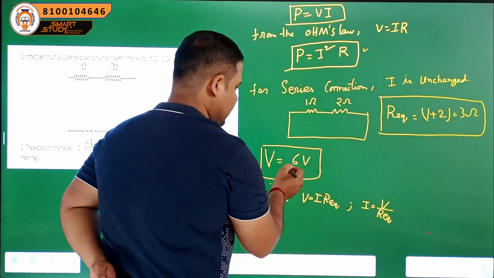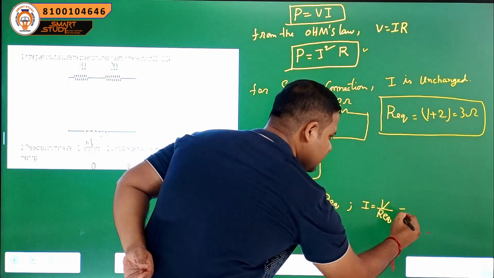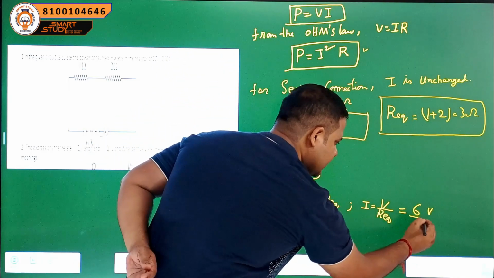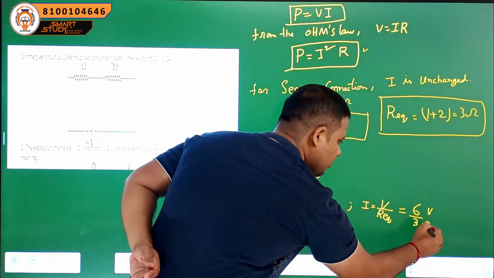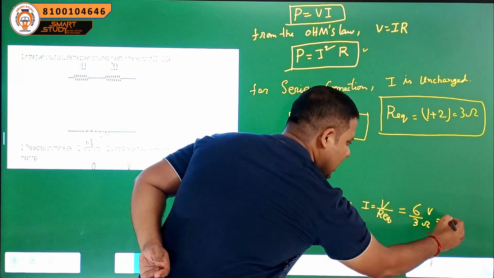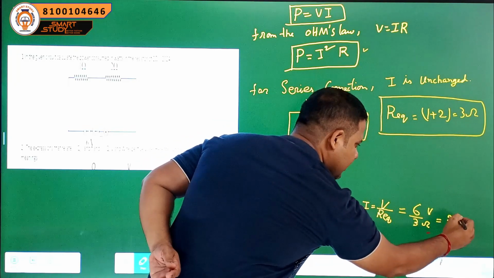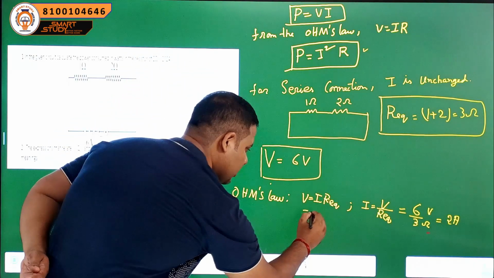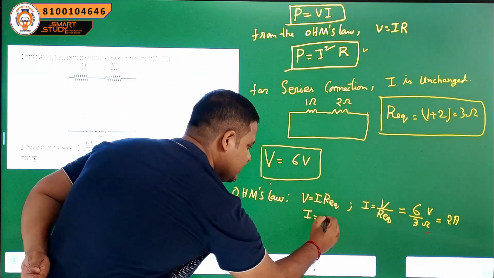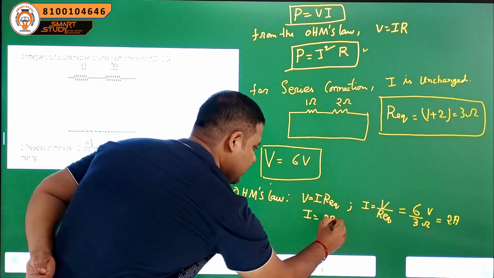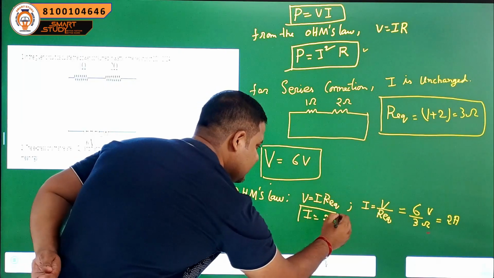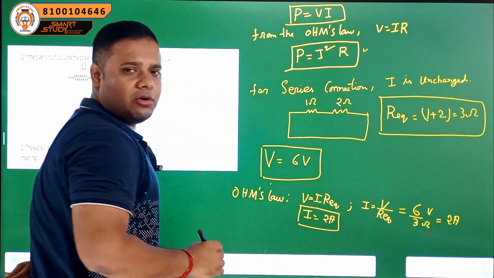The supply voltage is 6 volt and the equivalent resistance is 3 ohm, which gives 2 ampere. So our total current for the circuit is 2 ampere, and as the circuit is in series connection, the current will not change.